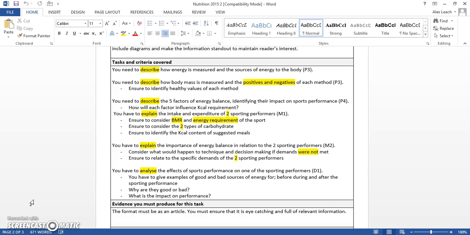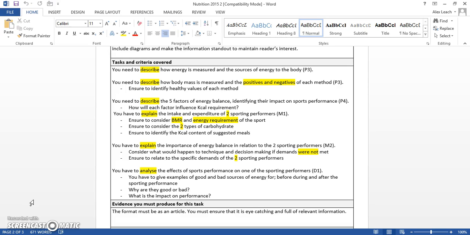So positives and negatives of each. However, also sources of energy to the body. So you should be able to utilize your knowledge from assignment 1 for that. So the 3 macronutrients and how many kilocalories they give you per gram.